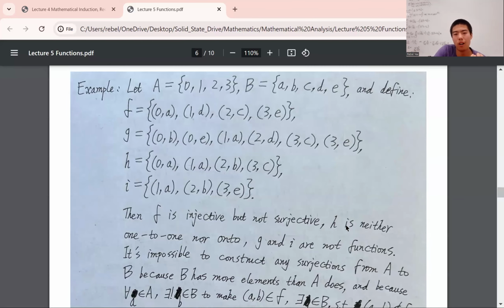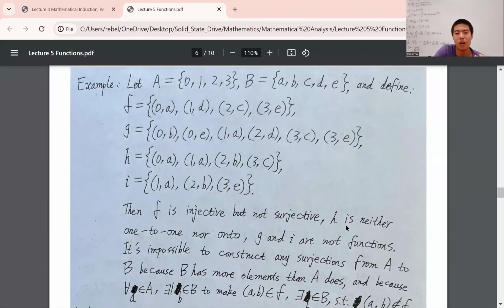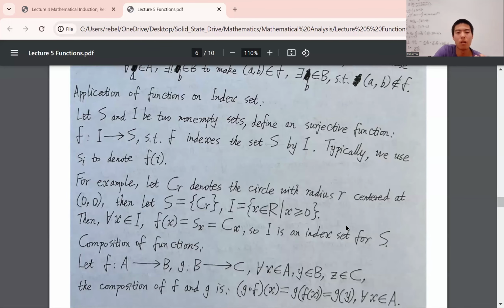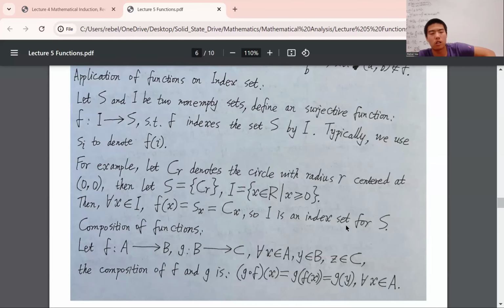So you cannot form a surjective function or bijective function based on this one. So one application of the function is index set.